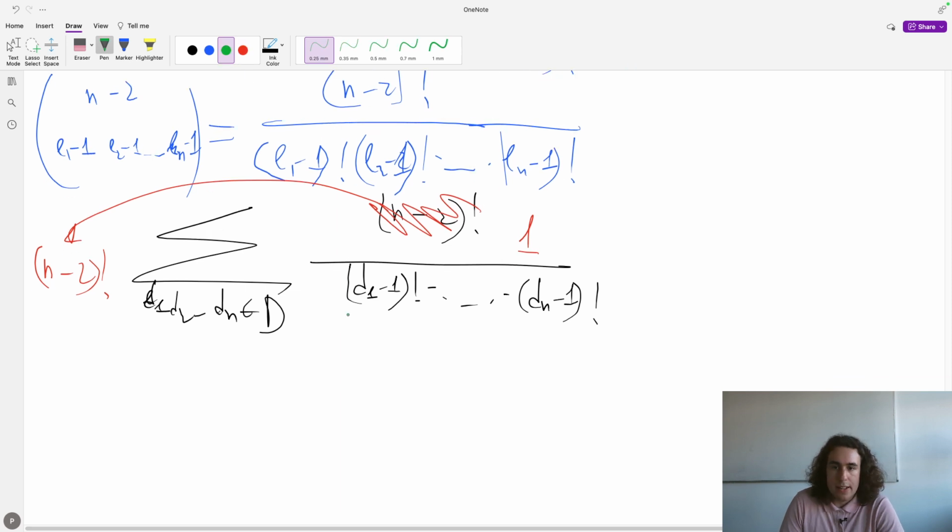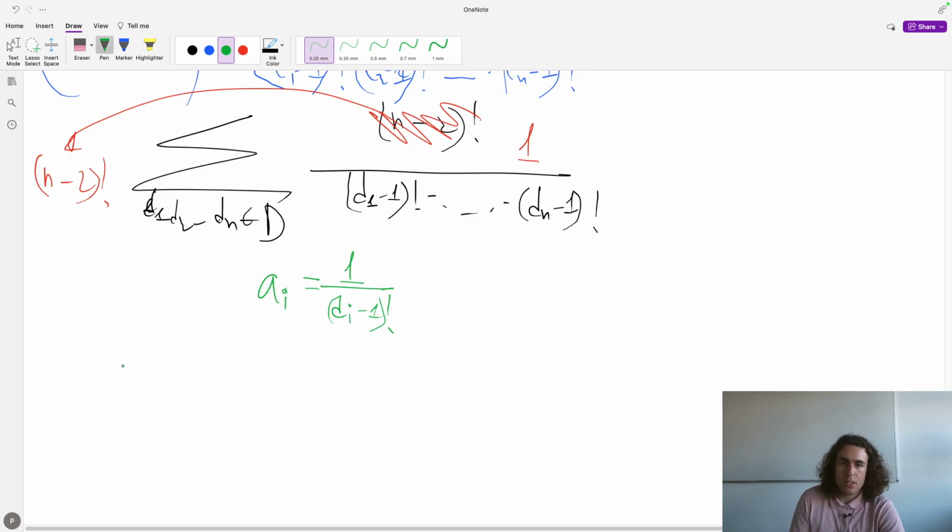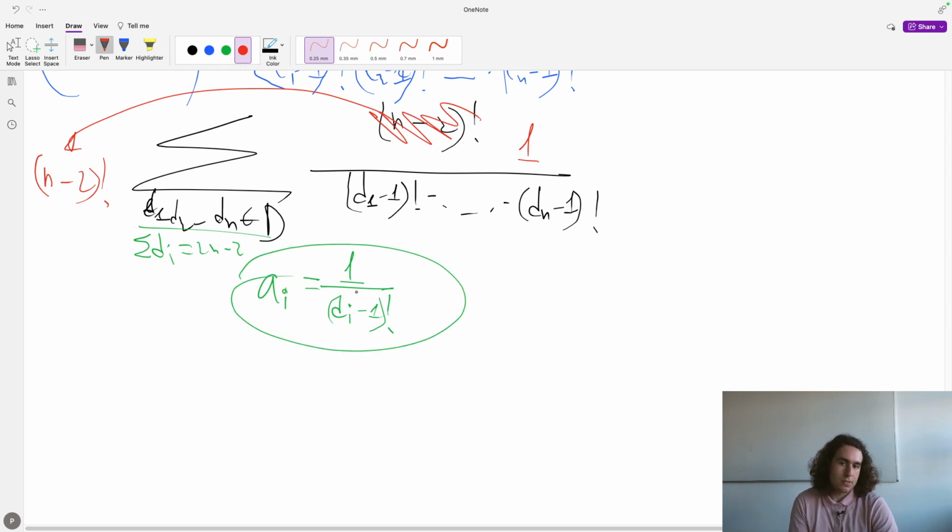And let's define A_i to be equal to 1 over d_i minus 1 factorial, right? Oh, wait, it's not this, right? They should be taken from D, but also the sum of the degrees should be 2n minus 2, so that this equation makes sense. And this makes sense because we work modulo, right?